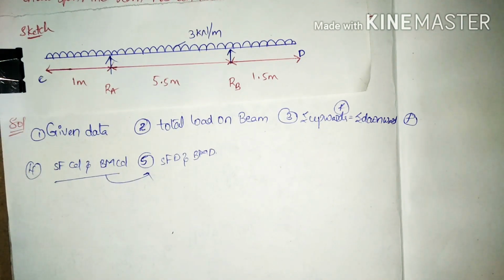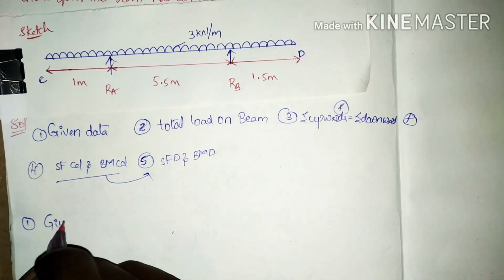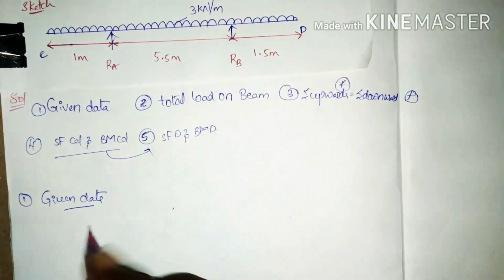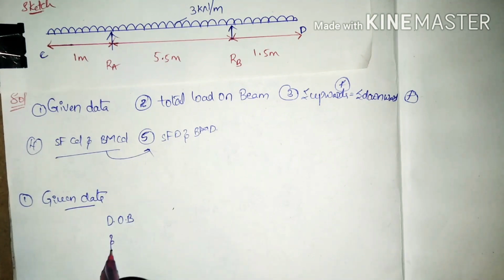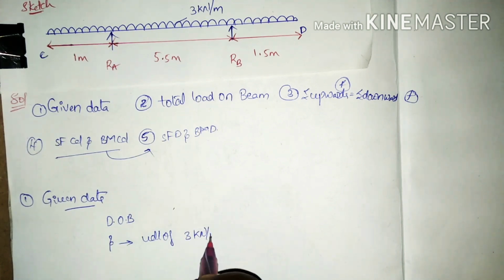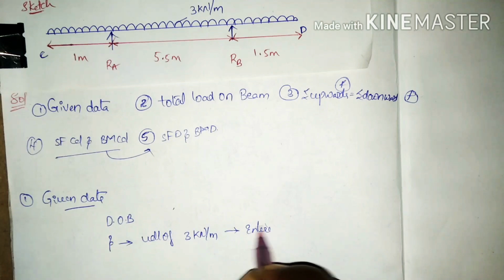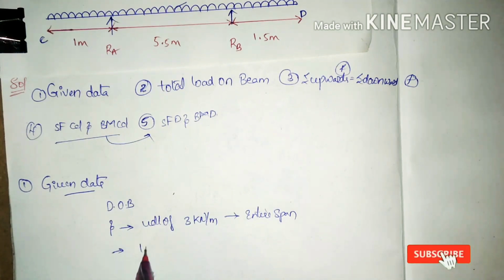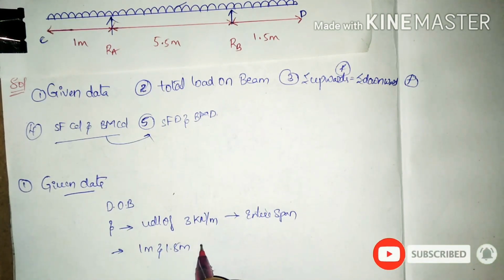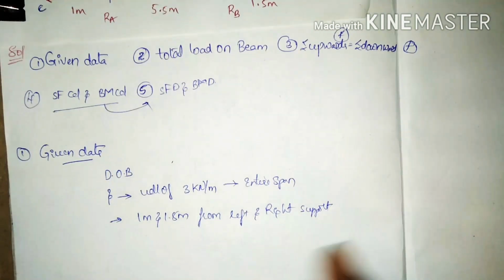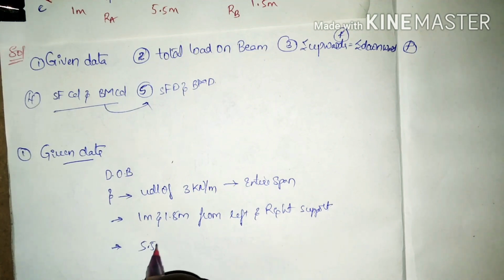Let us start with the given data. Number 1, given data: we have a double overhanging beam with a UDL of magnitude 3 kN per meter for the entire span, overhanging 1 meter and 1.5 meters beyond the left and right supports, and in the middle portion we have only 5.5 meters.